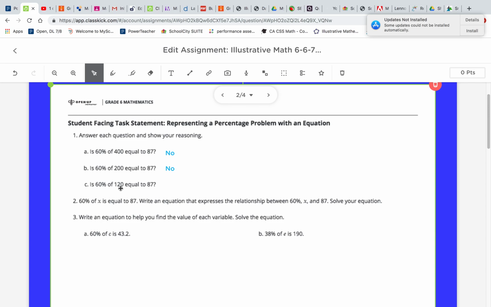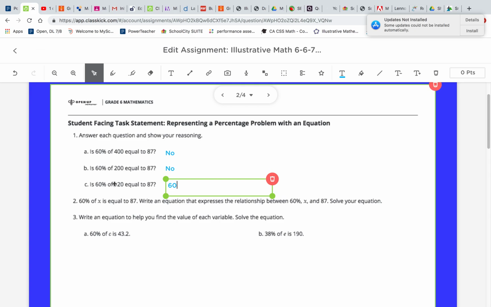It might be. So in this case, it's not going to be quite so easy to see, so we need to think about another way to figure this out. So 60% of 120 equals 87. We need to figure out 60% of 120.